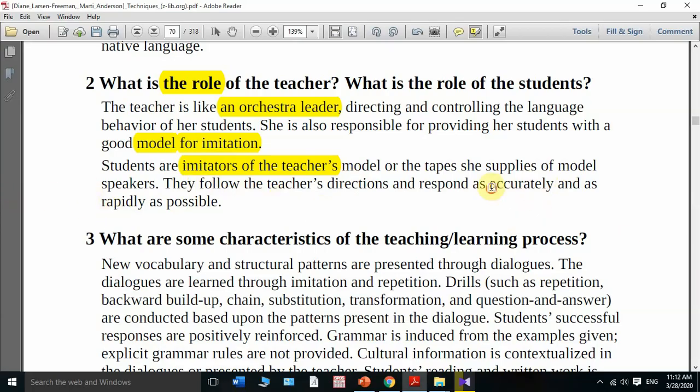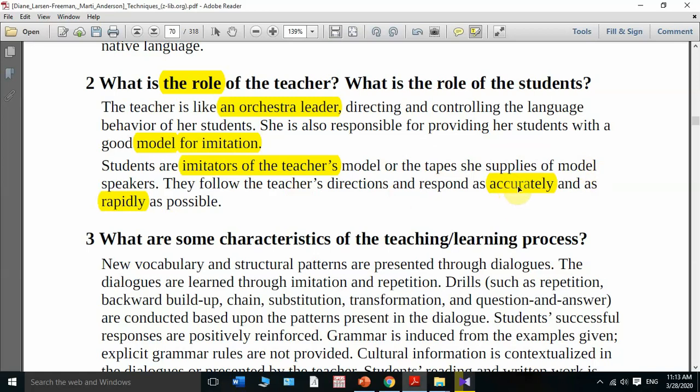So what do we want the students to do? We want them to produce one, accurate sentences, and two, they should do it quickly, rapidly. And that's what we meant by overlearning, like without thinking. So we repeat a sentence a lot of times over and over.